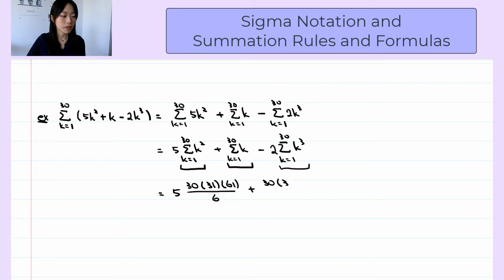So 30 times 31 over 2. And the last term, minus 2 times the sum of k cubed, and the formula for that is n squared, which is 30 squared, times n plus 1 squared, 31 squared, over 4.